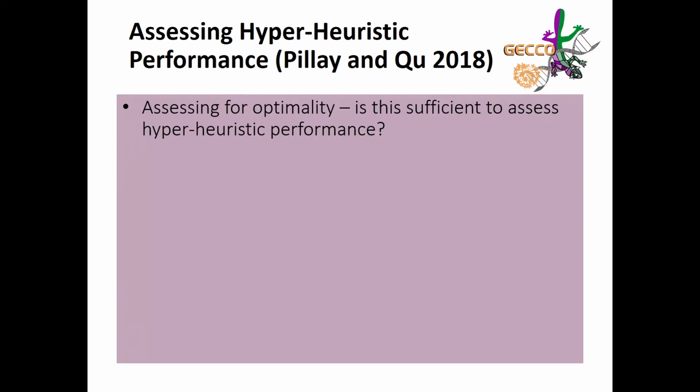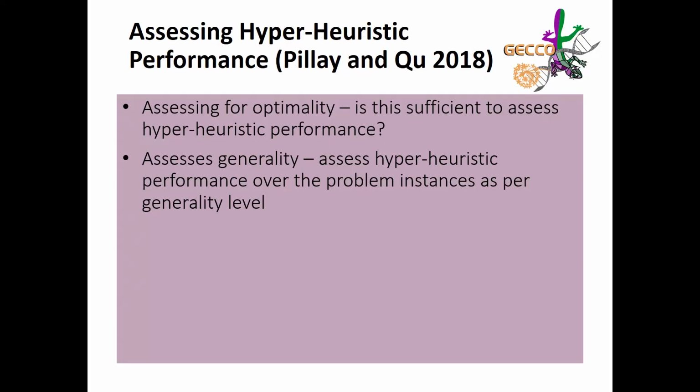So our first step was to look at an alternative to just using optimality. And that was the idea of bringing in generality. So the whole idea was, in addition to just using optimality, we also look at bringing in generality.